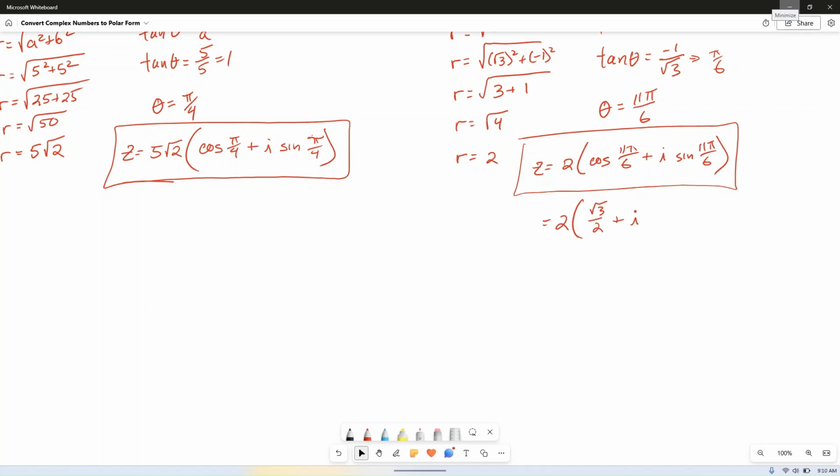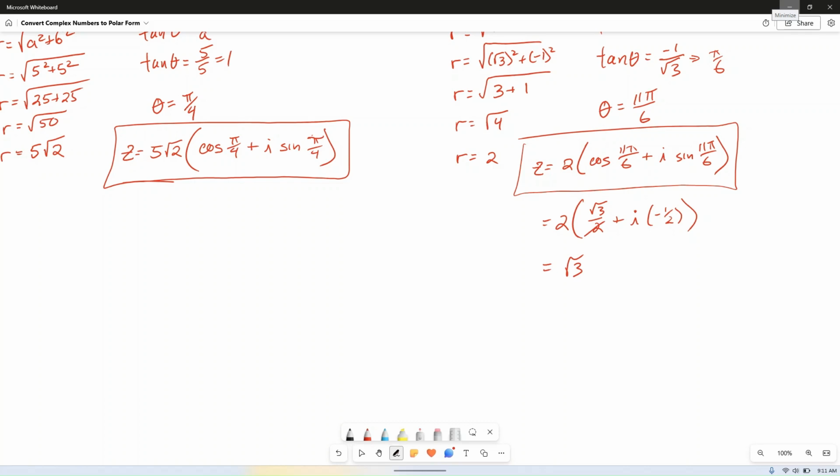Anytime you take the sine of something pi over 6, you're always going to get a half. And since 11 pi over 6 is in the fourth quadrant, we're actually going to get a negative 1/2 here. So we have 2 times the quantity, square root of 3 over 2, plus i times the negative half. If you distribute that 2, the 2 is going to cancel with the 2 in the root 3 over 2, so you're left with just the square root of 3.